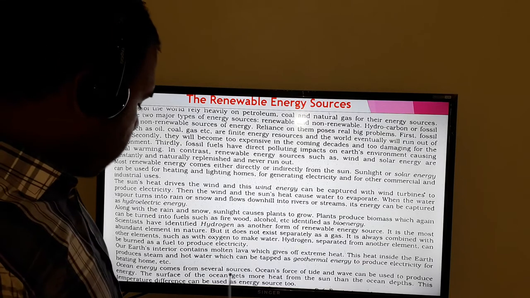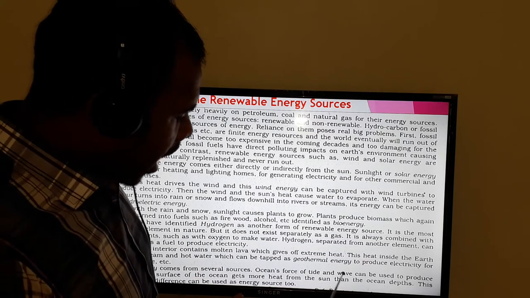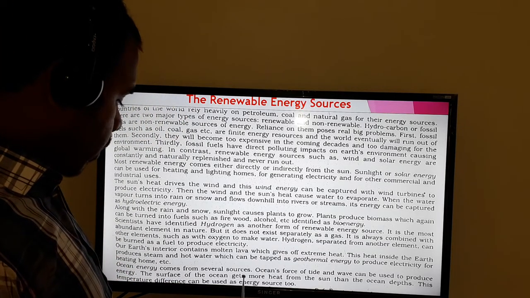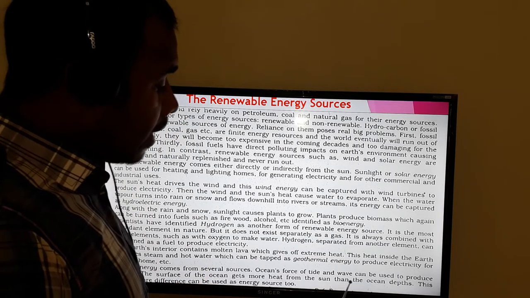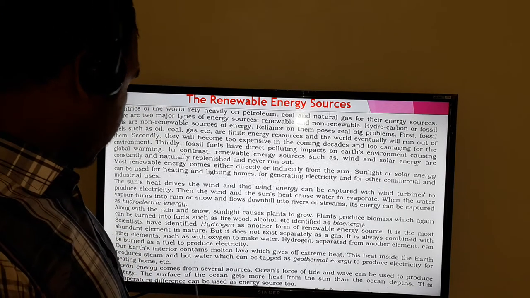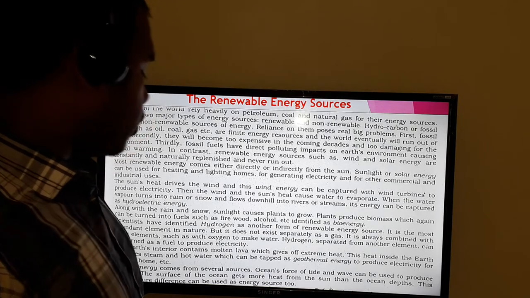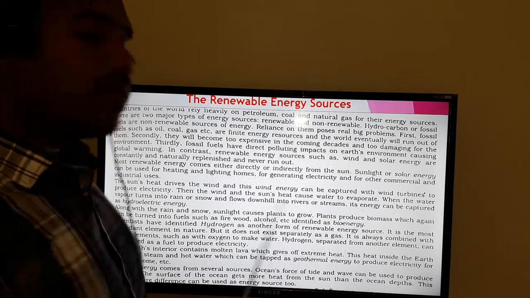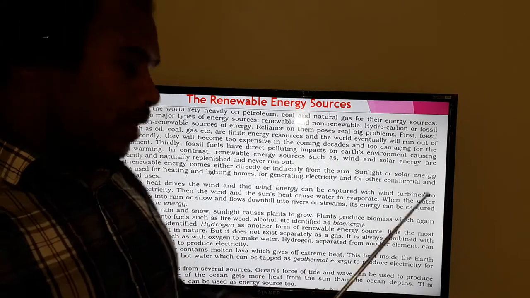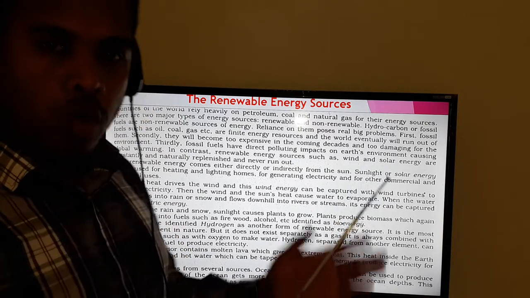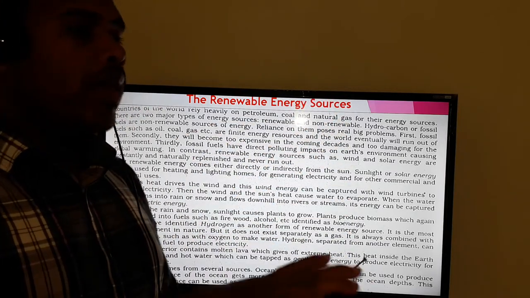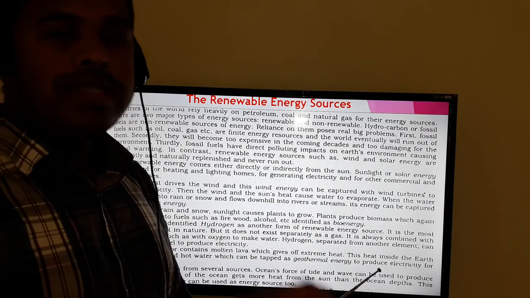Ocean energy comes from several sources. Ocean forces of tide and wave can be used to produce energy. The surface of the ocean gets more heat from the sun than the ocean depth. These temperature differences can be used as energy sources too. That is another source of energy, that is ocean energy. So we know that there's a huge possibility to use the ocean, because at the surface level of the ocean this heat can be used.